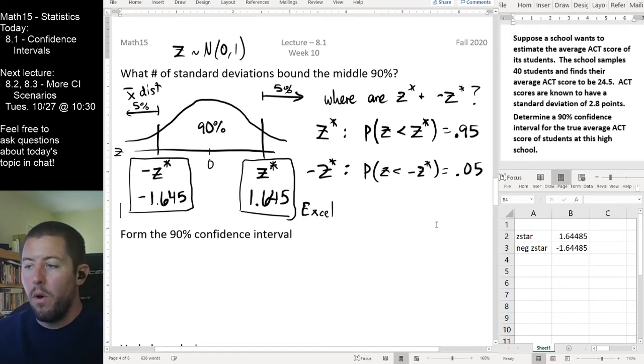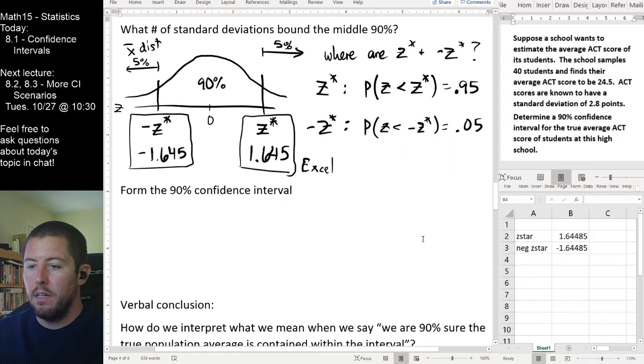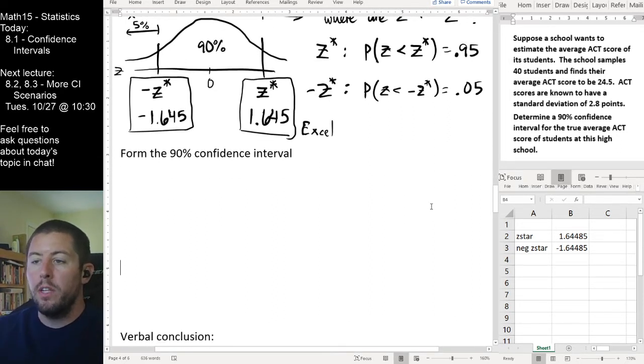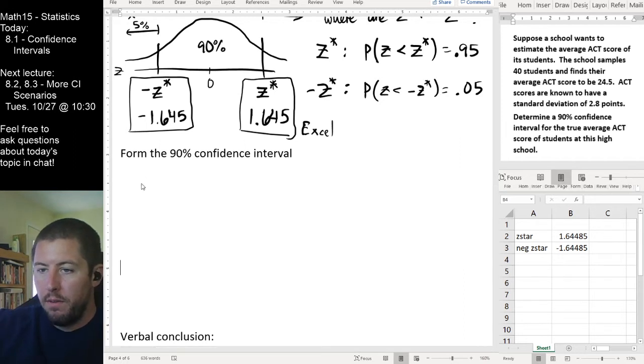So how do we form a confidence interval? What we want to do is form an interval.